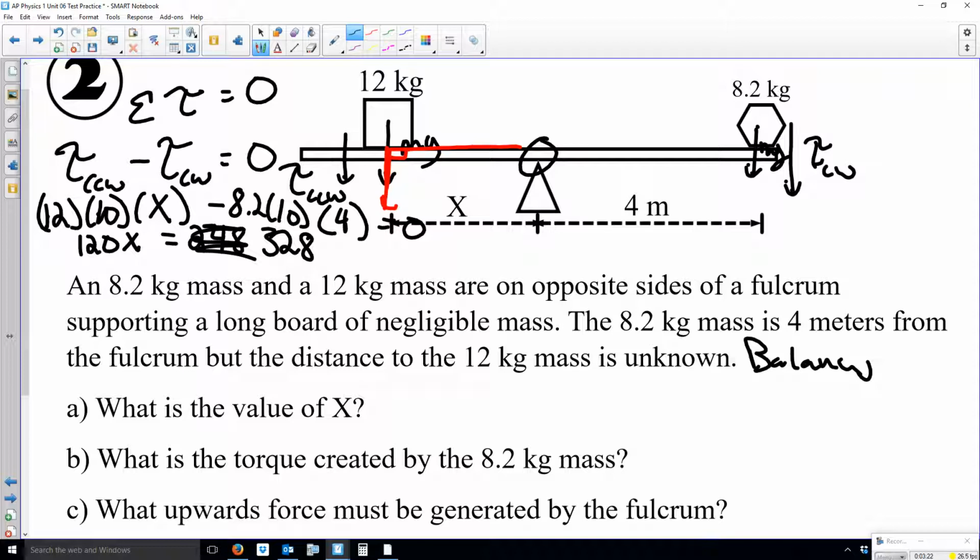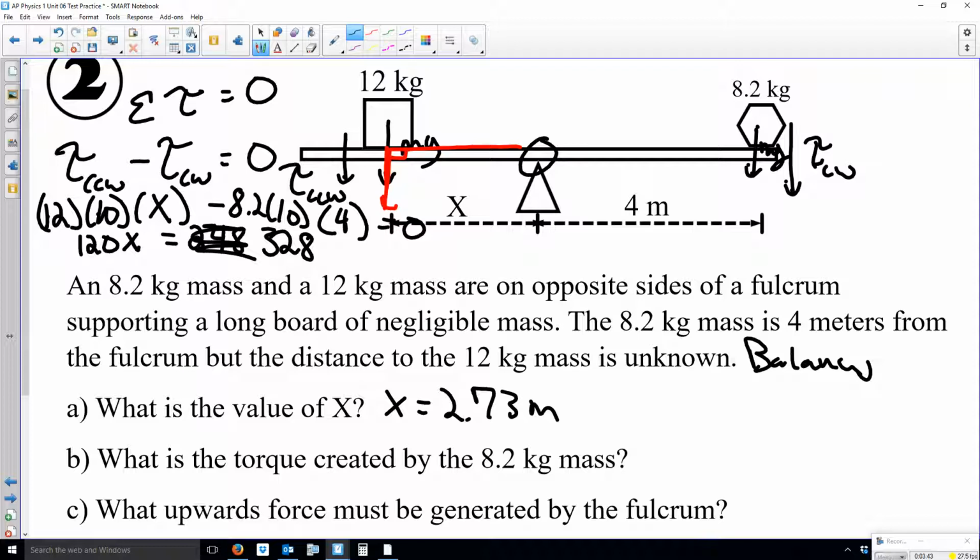So when we divide 328 by that 120, we should get an x equal to 2.73 meters.